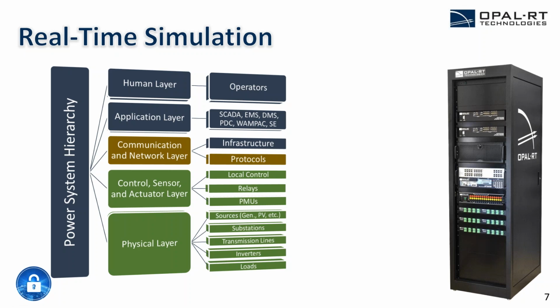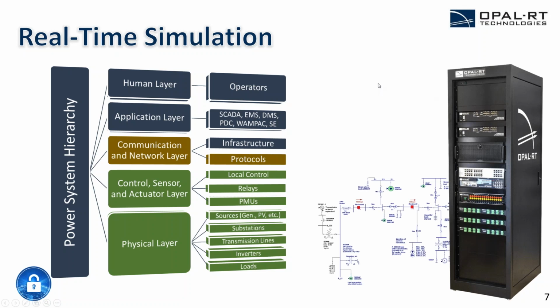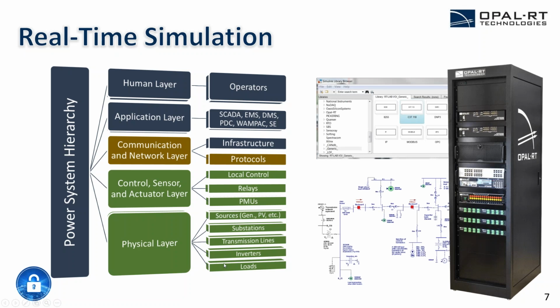And then finally, we have what's especially critical for cybersecurity: communication, network, and application layers, which deal with the infrastructure and software and so on that's used to manage those lower level systems. And at the top, we have a human layer composed of operators and decision makers. And the real-time simulator is really intended to model the bottom two layers and provide the interface via communication protocols.